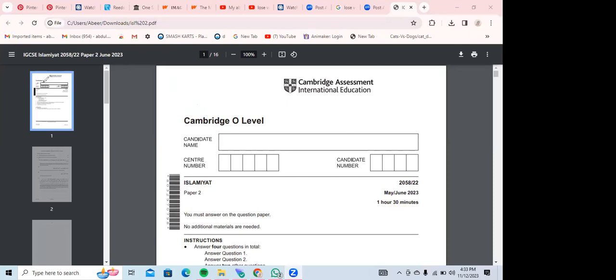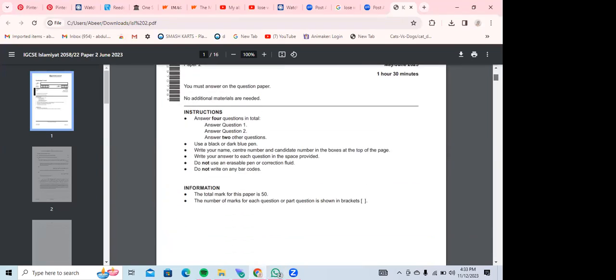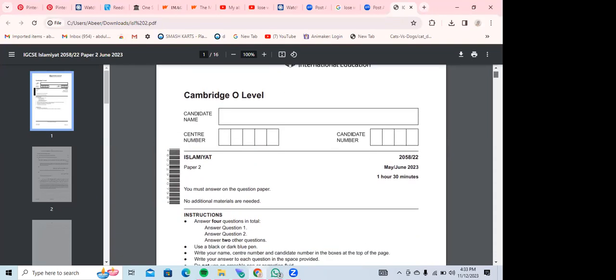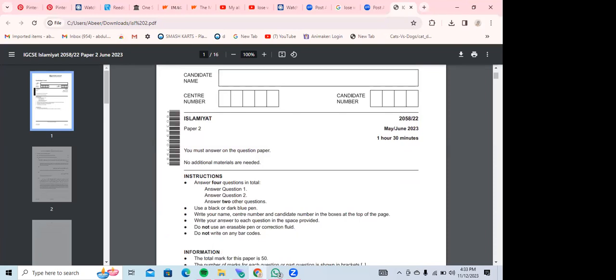Can everyone see the screen here? Okay, so as we all know, the same thing applies for paper 2 as well: first you have to write the candidate name, then the candidate number.